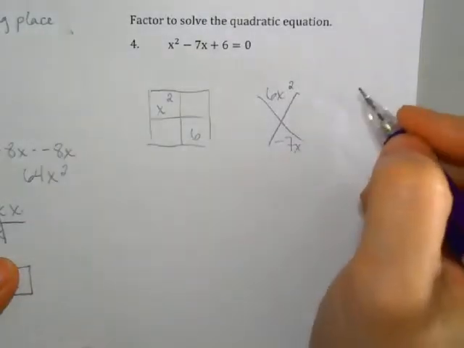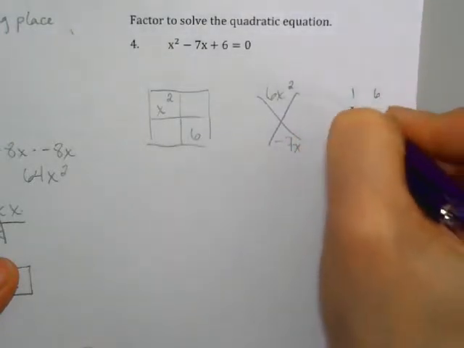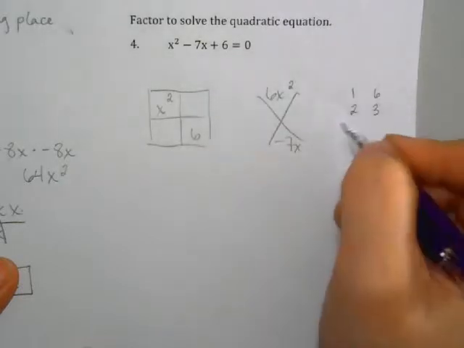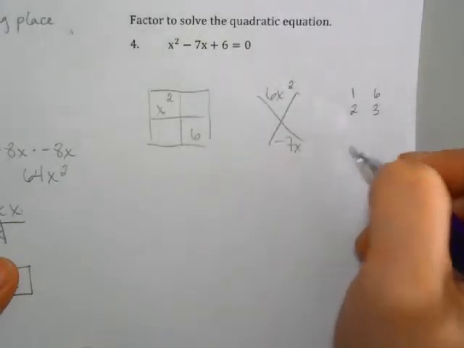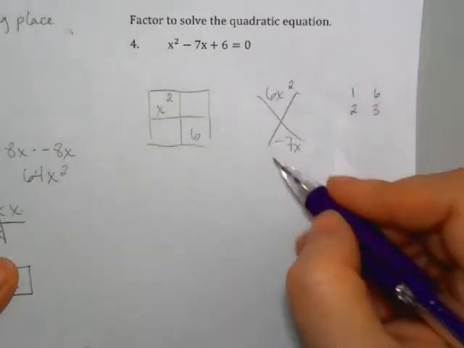And then we need to factor our top numbers. So we've got 1 and 6, 2 and 3, and then 3 and 2, so we're all done. Now, we have to watch out for our negatives.